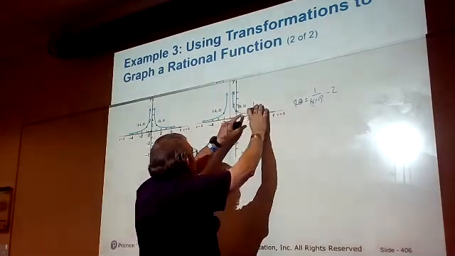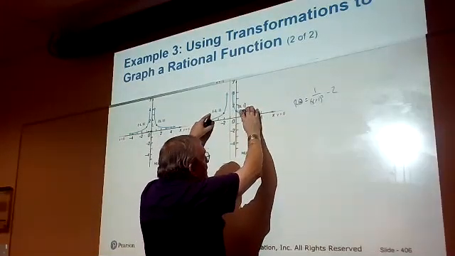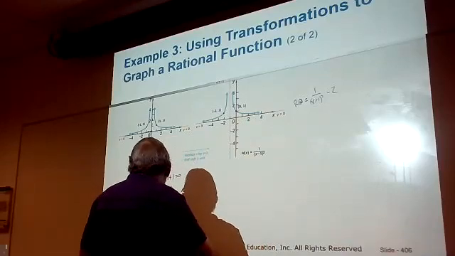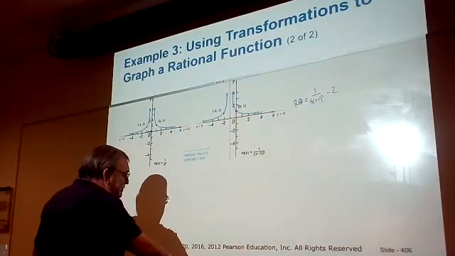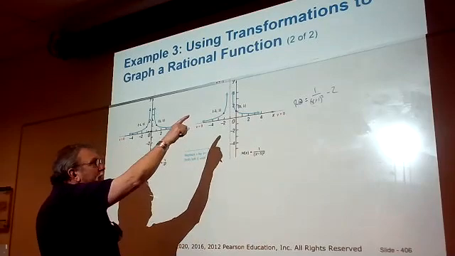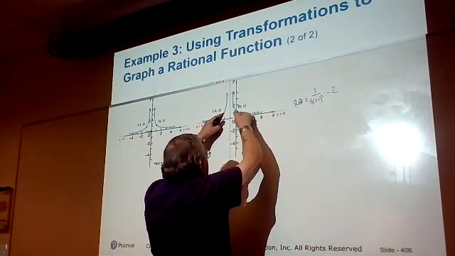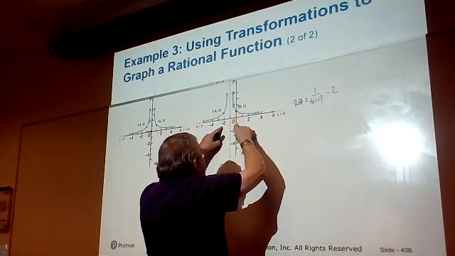And so the whole graph got moved to the left 1 unit. So that took care of the horizontal shift. Now we have a vertical shift of -2. So that means this whole thing gets moved down 2 units.